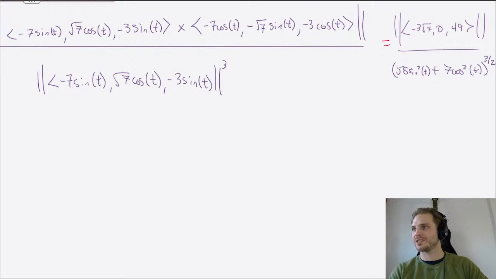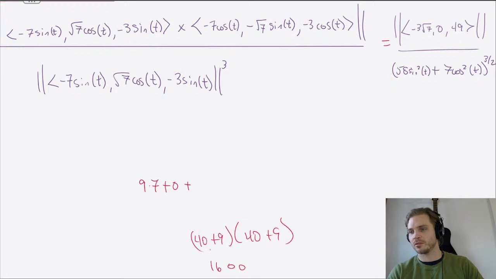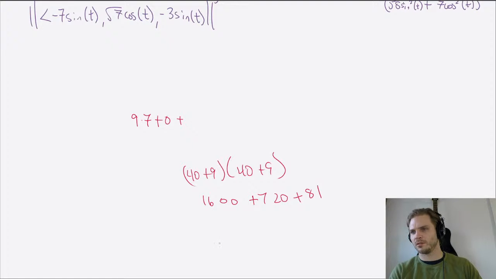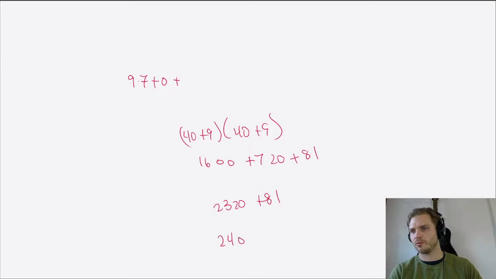Okay, so the magnitude of that vector is going to be, let me change the color again just so we know what's up. I'm doing the magnitude of the top here. So this is going to be 9 times 7 plus 0 plus 49 squared. This is going to be 1600 plus 720 plus 81, so that's 2320 plus 81, that's 2401.